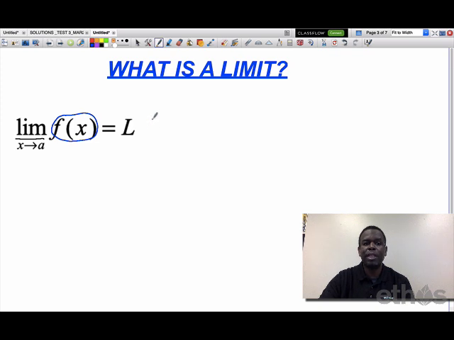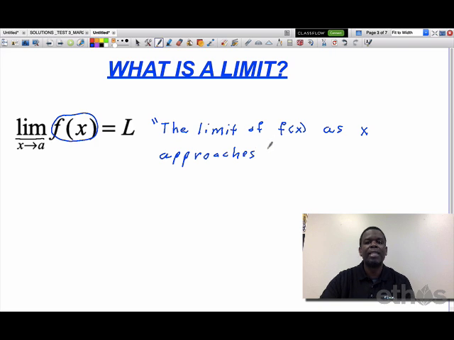This is how you actually would read this statement here. This statement is read as the limit of f of x, so this is our function symbol, the limit of f of x as x approaches a is equal to L, okay?